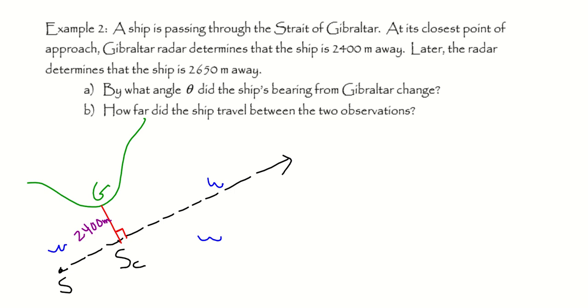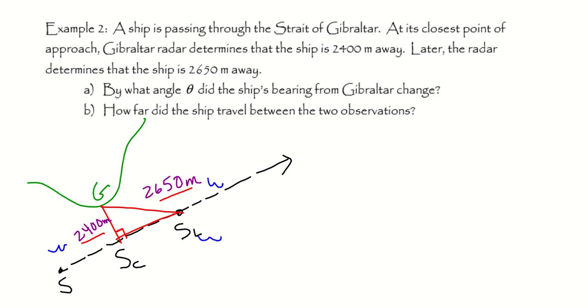So here's my ship later, and at that point, the distance from Gibraltar is 2,650 meters away. That's this diagonal distance. Look at what we see: a right triangle, and I know two sides. I know the hypotenuse, and I know one of the legs.